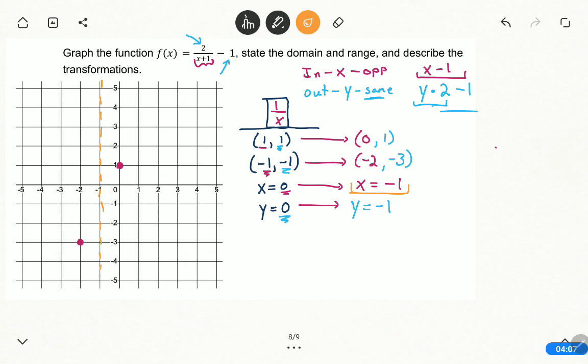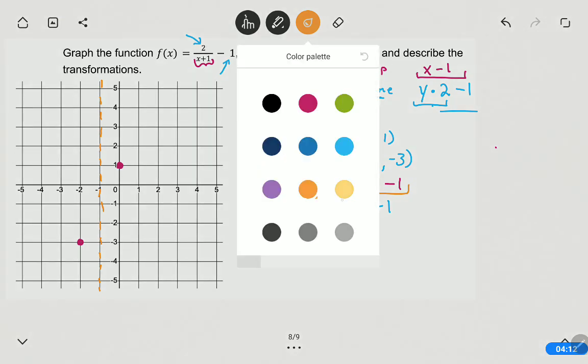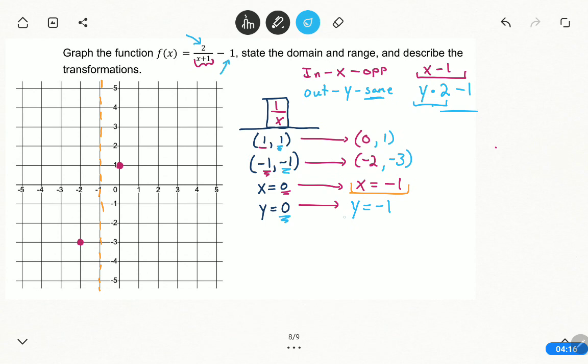And asymptotes are represented by a dotted line since they are not actually part of the graph. They're just used as reference lines when you're drawing a graph by hand. For the y equals negative 1 asymptote, it's a horizontal line where all the y values are negative 1. Again, it's dotted.